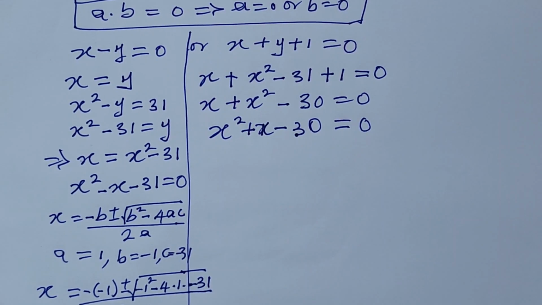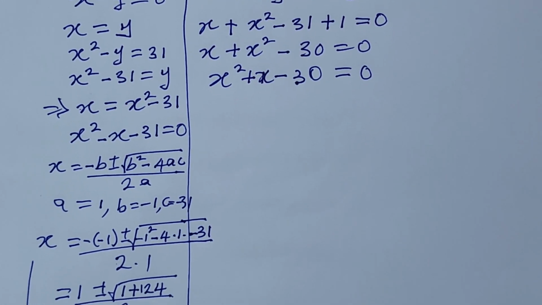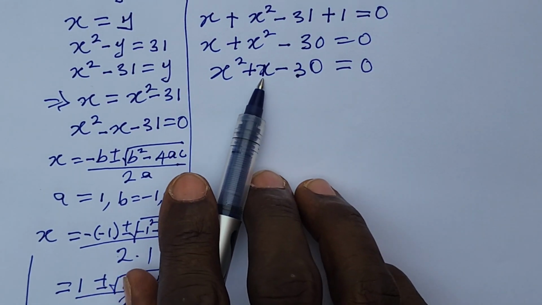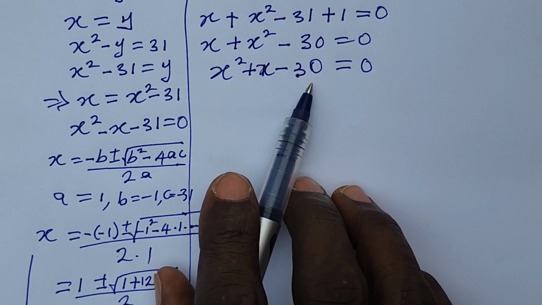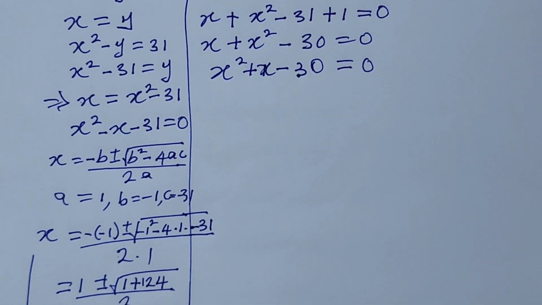From this quadratic equation, we can use the factorization method. So we think of two numbers that we will add together to give us plus 1, then multiply together to give us minus 30. So the two numbers will definitely be 6 and 5, and the signs will be plus 6 minus 5.